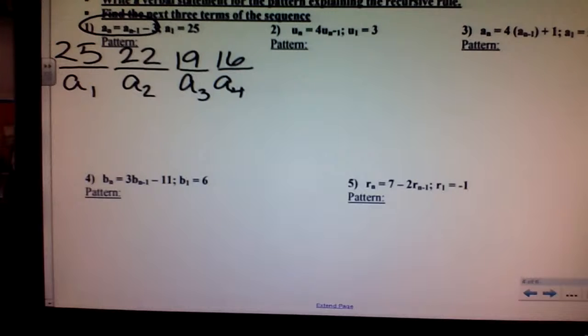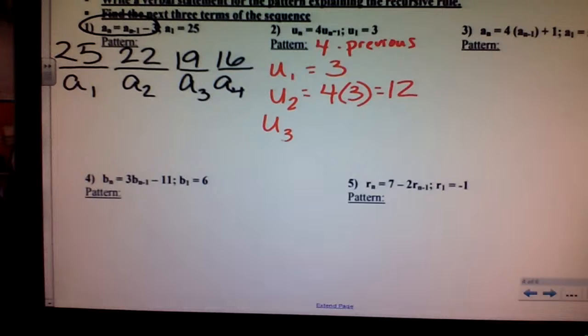Okay? You can also substitute in. What I mean by that, if you look at number 2, my pattern is 4 times the previous term. So that means u sub 1 is 3. To get u sub 2, I take 4 times 3, which is 12.